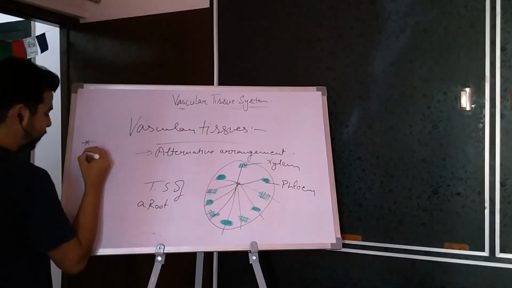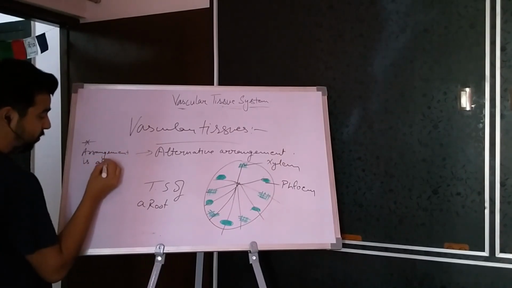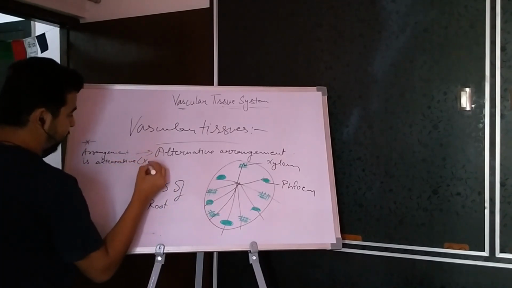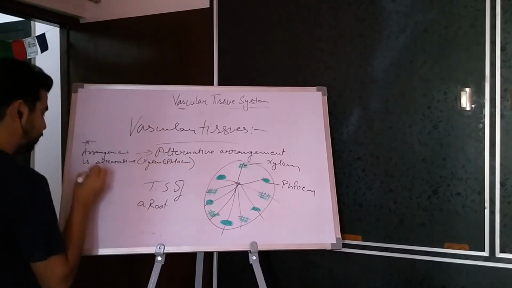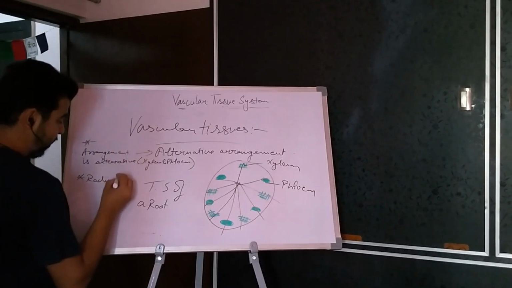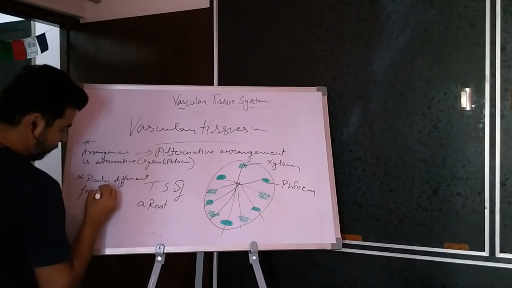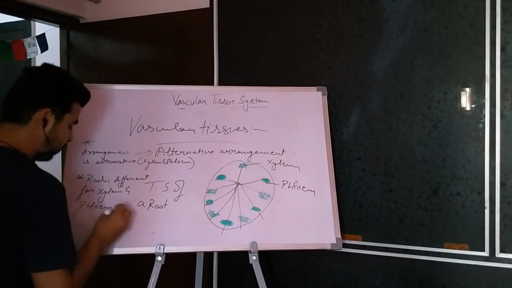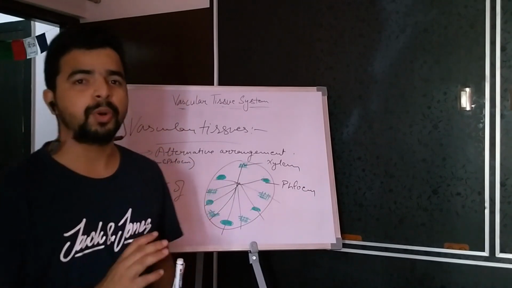That the arrangement is alternative for vascular tissues, which are xylem and phloem, and second, that they are at different radii. So this is about the arrangement of vascular tissues in the root of monocot and dicot.